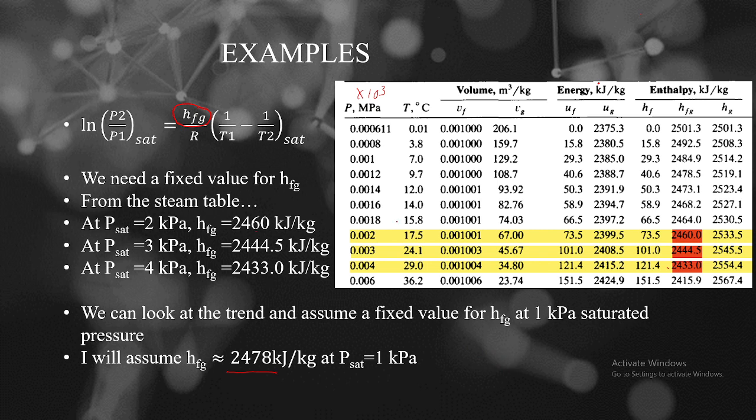So let me just go over this part again. What I'm saying for the HFG is that we want to find an approximate value for HFG at the pressure we are looking for. But we assume that our steam table ends at 2 kilopascal, so we can't work with any of the values below it. So for 2, 3, and 4 kilopascal, I can look at their HFG values, see the trend. Okay, how much does it increase by or decrease by when I move from one value to the other?